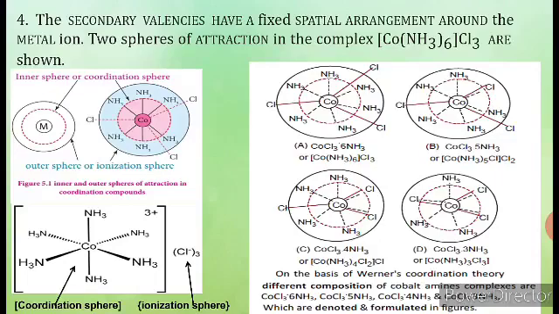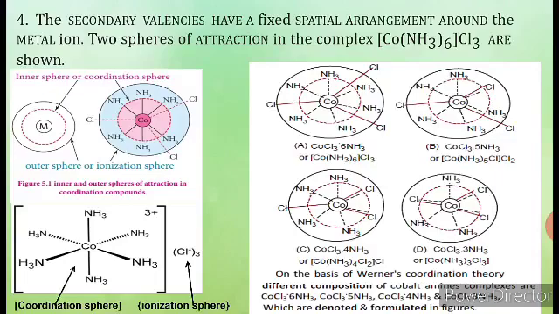Okay, so here you can see in the third example the 4 ammonia molecules and 2 chloride ions are present inside the coordination sphere, while only 1 chloride ion is present outside the coordination sphere. So 2 chloride ions are joined with the cobalt ion through 2 bonds, dotted line as well as straight line, both are shown over there. That means these 2 chloride ions present inside the coordination sphere satisfy both valencies, primary valency as well as secondary valency.